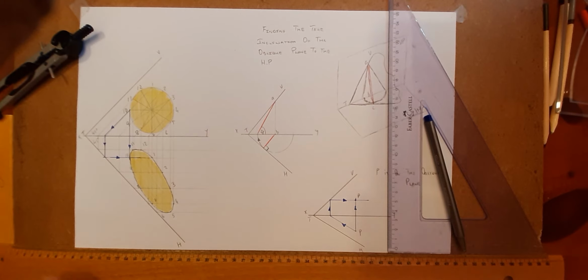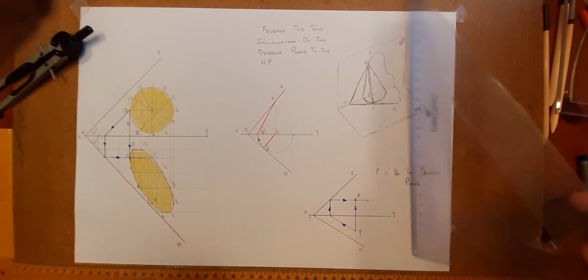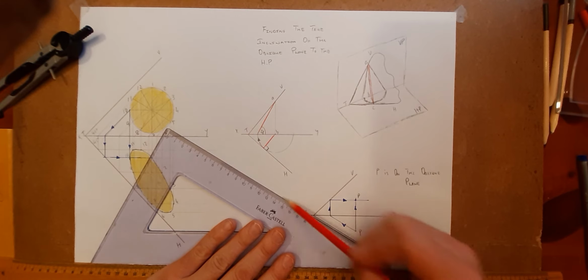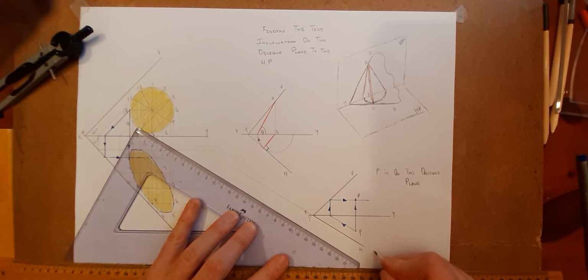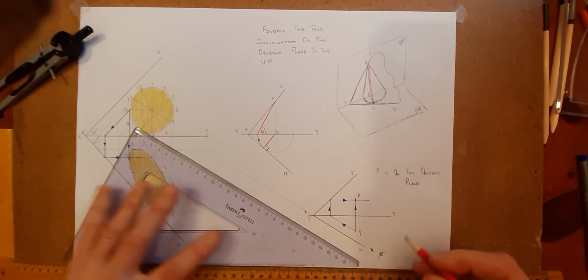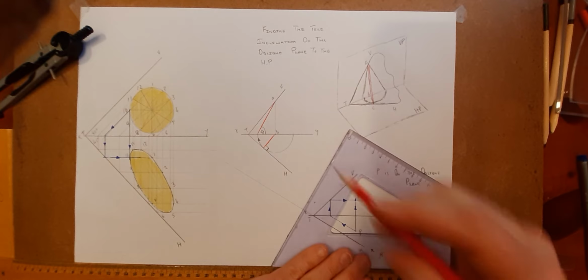Now, the second way of getting the true inclination of this oblique plane to the horizontal plane would be to do the following. So if we look along here, okay, we're going to look along this true length line. We'll set up an X Y line.